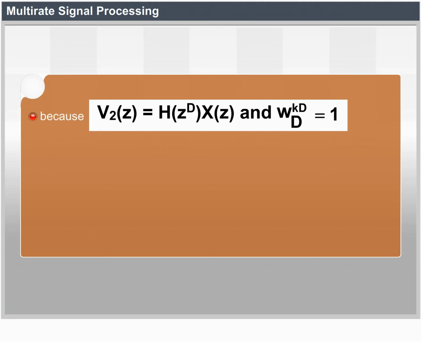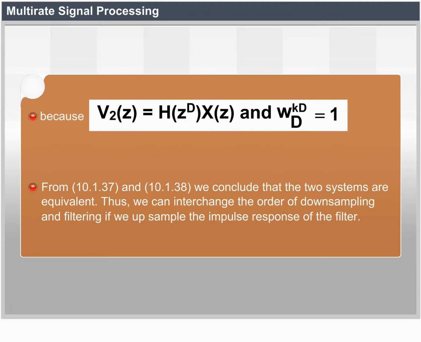From 10.1.37 and 10.1.38 we conclude that the two systems are equivalent. Thus we can interchange the order of downsampling and filtering if we upsample the impulse response of the filter.